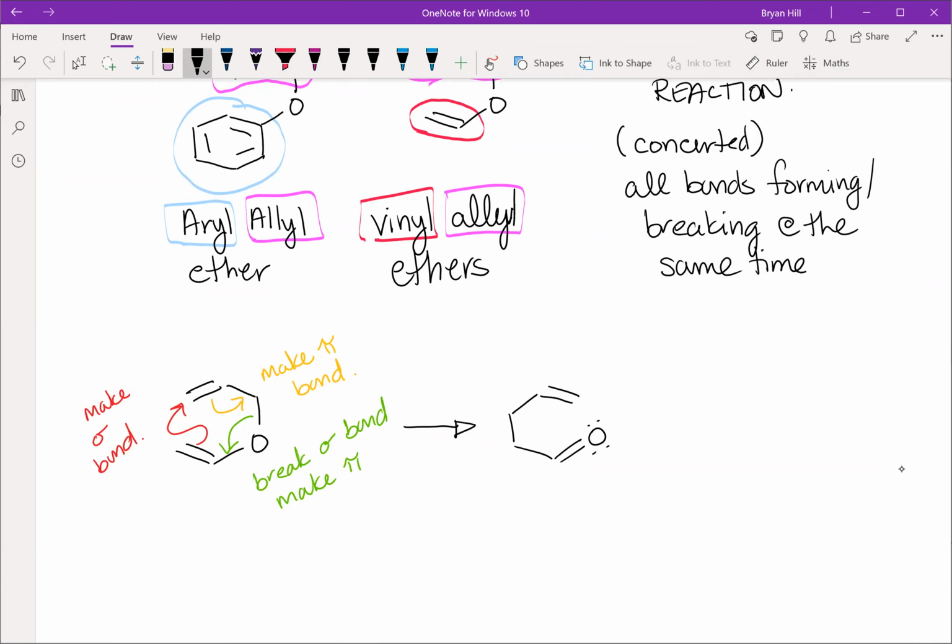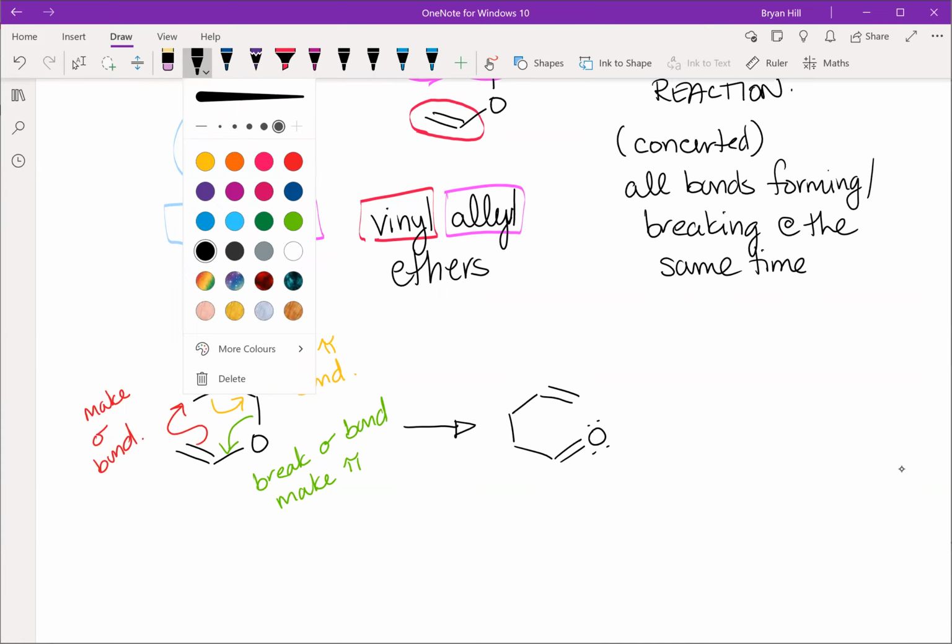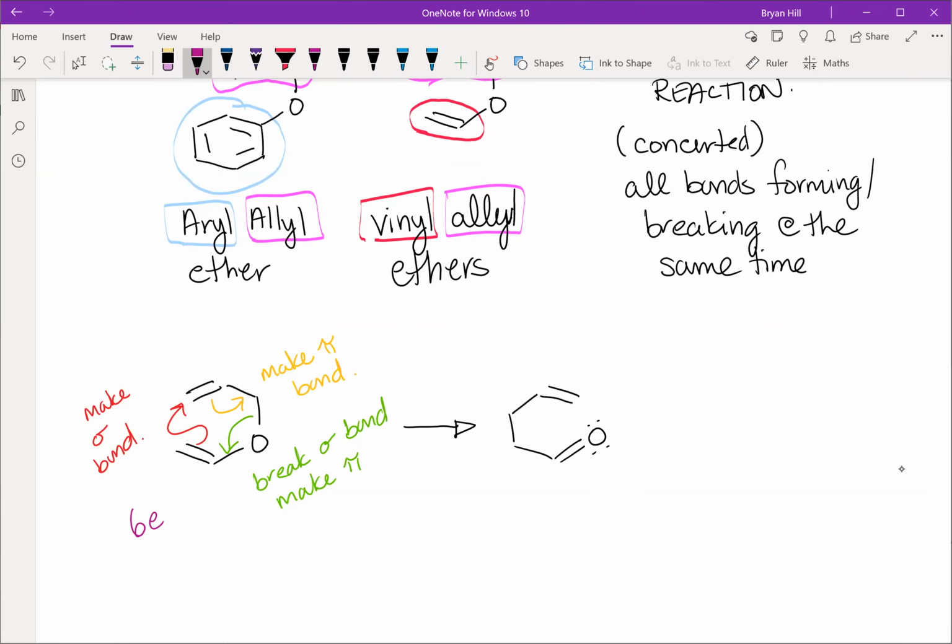We are going to see a bit later on in the course that when you've got 6 electrons in a circle, it's one of the characteristics of aromaticity, which is stability. It's very similar to that, except there's a slight nuance of difference. But anyway, it's the movement of six electrons in this transition state.